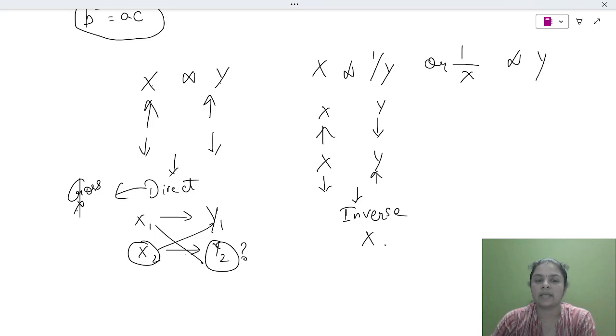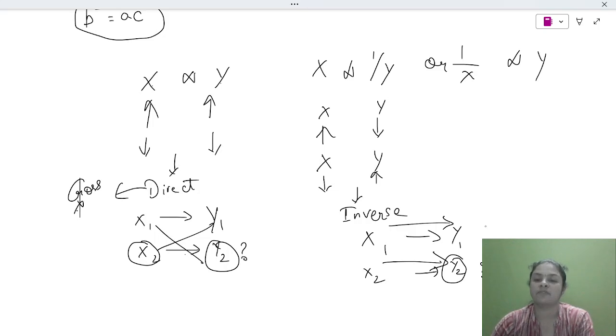Whereas, in inverse variation, we are going to do a direct multiplication. Here, to find the missing figure y2, in direct variation we will do x2 into y1 divided by x1, cross multiply.